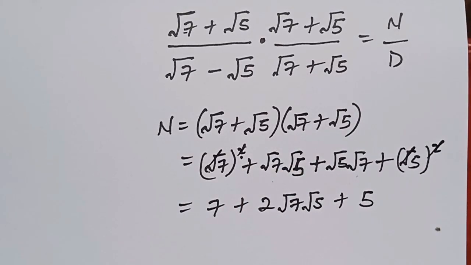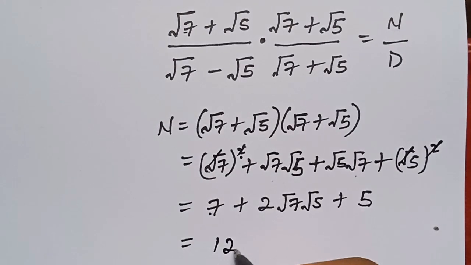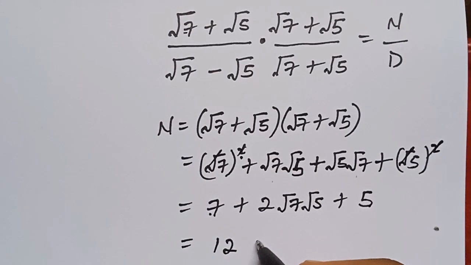So we have this resulting answer now. This can then be further expressed as 5 plus 7, we have 12, plus 2.